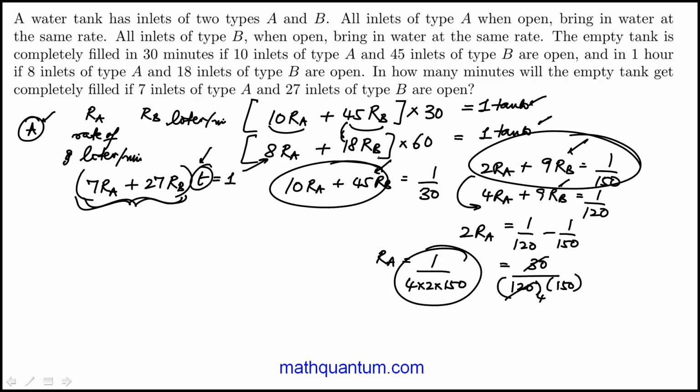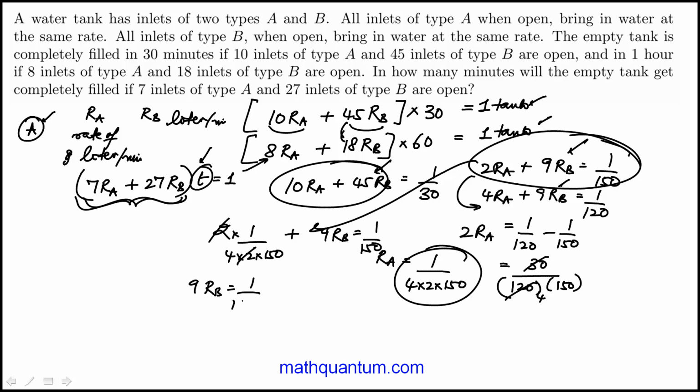But I still need to figure out R sub B, and I can use that first equation. So 2 times, that's why I'm not doing the whole multiplication yet. 2, and then subtract them. 1 over 150 minus 1 over 4 times 150, so I'll pull out a 1 over 150, 1 minus 1/4, which is 3/4.